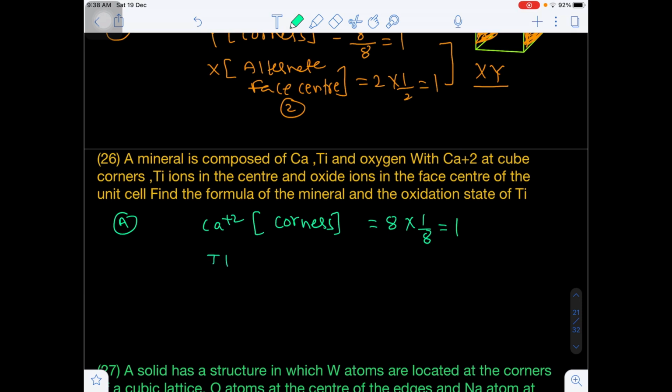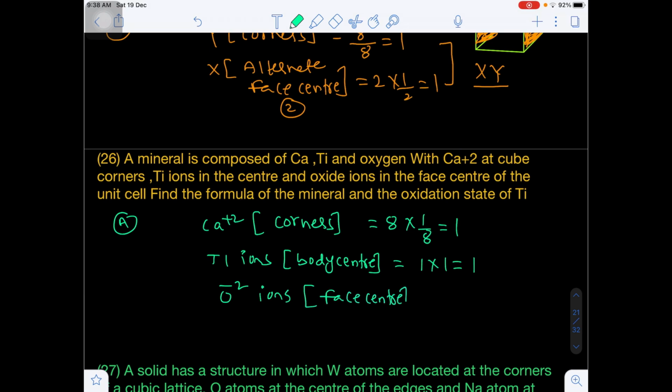Okay. Now titanium ions are located at the body center. At the body center only one particle, and its contribution will be 1. So overall titanium ion will be 1. Now what about the oxide ions? O minus 2 ions. Oxide ions are located at the face center.